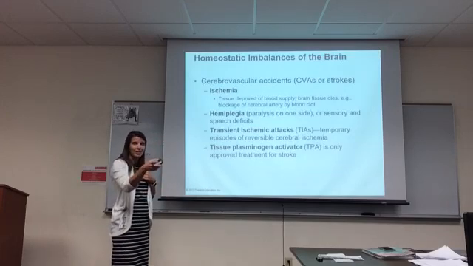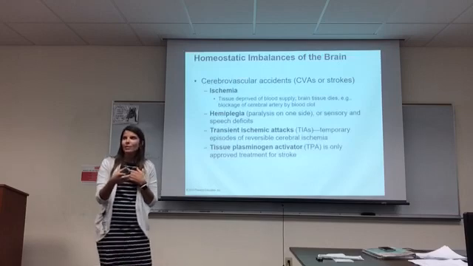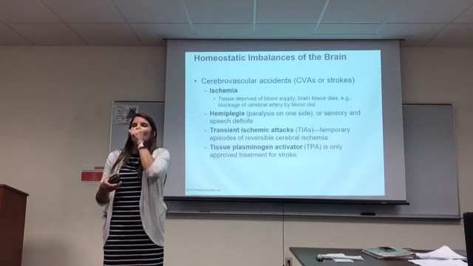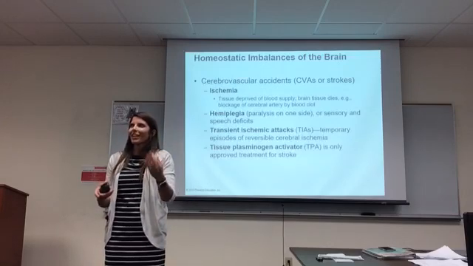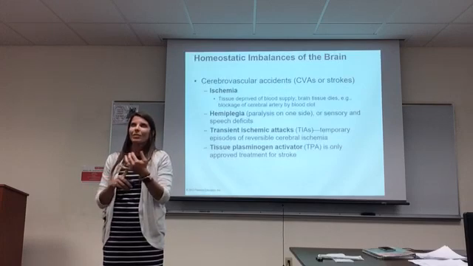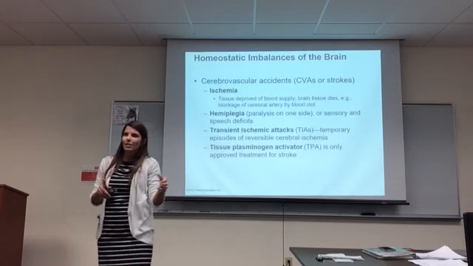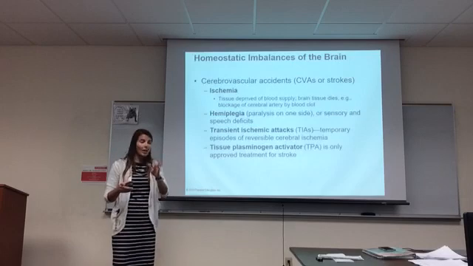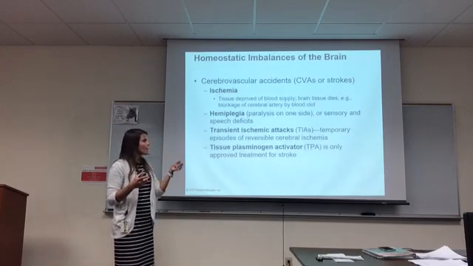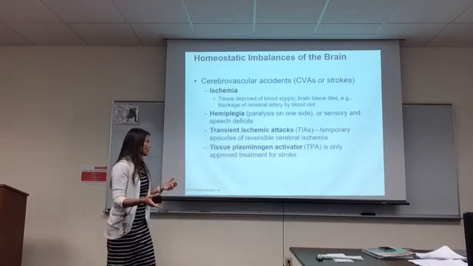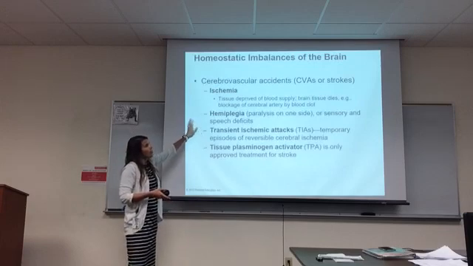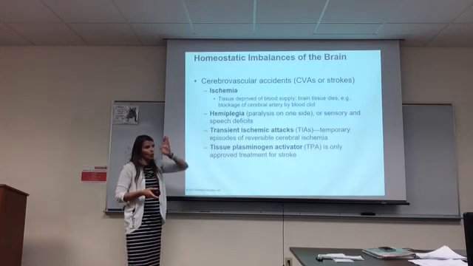A thrombus is that floating blood clot. Thrombo refers to the platelets, where you have a bunch of platelets, but those are all examples of the things that could cause ischemia. Hemiplegia is where you lose function to one side.